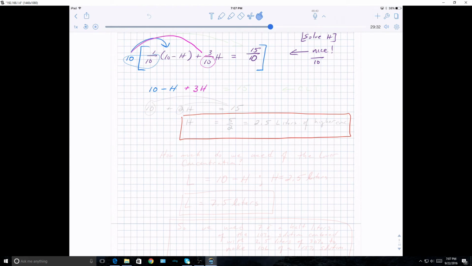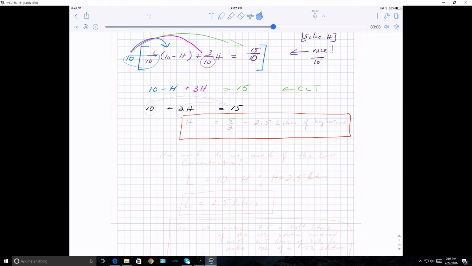And then the last one over here, green, is going to be, well, you're multiplying and dividing by 10, so that equals 15. So now all we have to do is combine like terms and solve, right? So if we put all this together now, this looks like it's generally going to be 10 plus 2H is equal to 15.